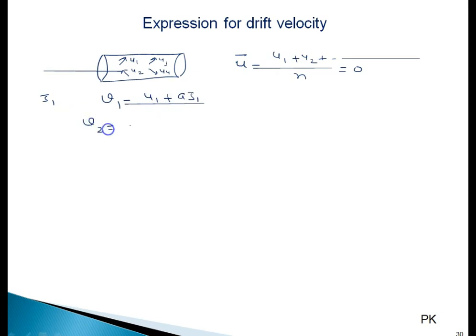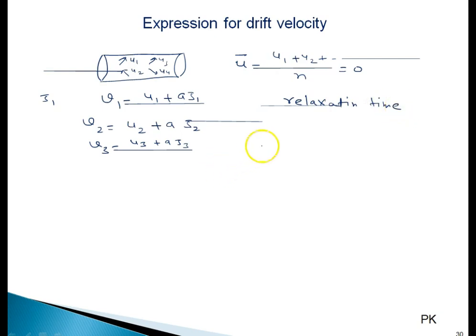For the second electron, the initial speed is u2, the acceleration is the same, and the relaxation time is τ2. Similarly for the third electron, u3 plus a τ3, and so on. Firstly, I will discuss what relaxation time is. Of course, we discussed it in class 11th also, but here I will discuss in brief what relaxation time is.